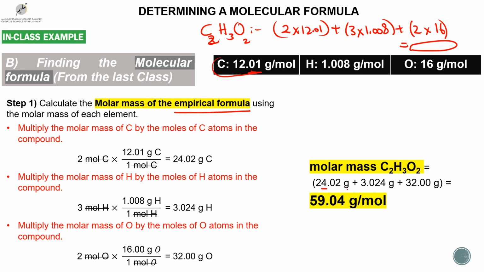If we add these answers, you will get 59.04 gram per mole. So this is the molar mass of the empirical formula.